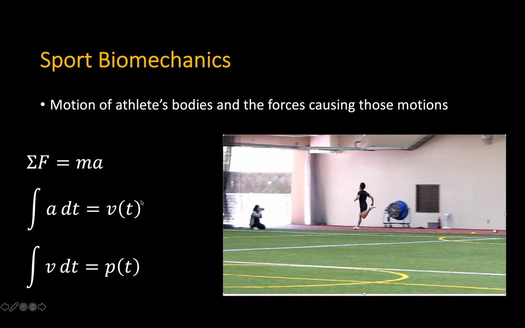Now, especially if we're dealing with a point mass, it's a fairly simple graduate level task to calculate what forces under the feet accelerate the body mass optimally to travel, in this case 50 meters, but extend this to a 100-meter race, as quickly as possible. That's a nice sport biomechanics problem.